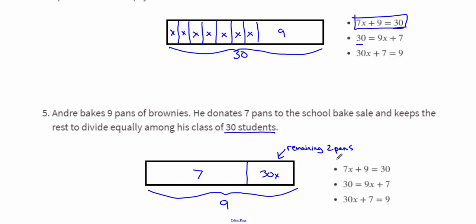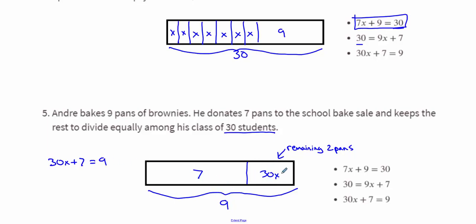Andre bakes 9 pounds of brownies. So our total, I'm looking for a total of 9. So here's our total of 9. And we have 30x plus 7 pans. So I'm going to rewrite this. 30x plus 7 is equal to 9.